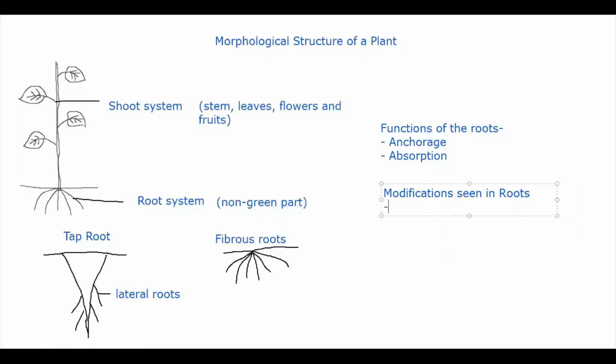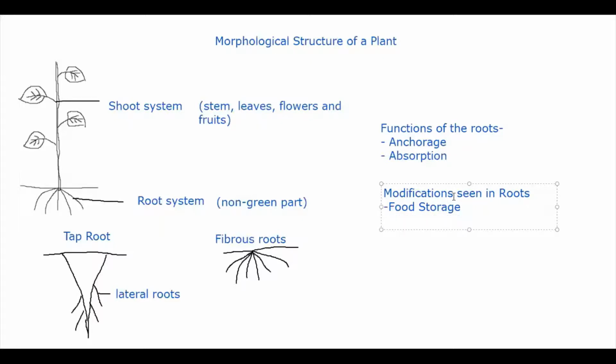The first one that we are going to talk about is food storage. The food storage here means there are some roots that store food for unfavorable conditions so that they can use it when required. And the best example are carrots. They store food so that they can use it for the unfavorable conditions. The extra food is stored in them.